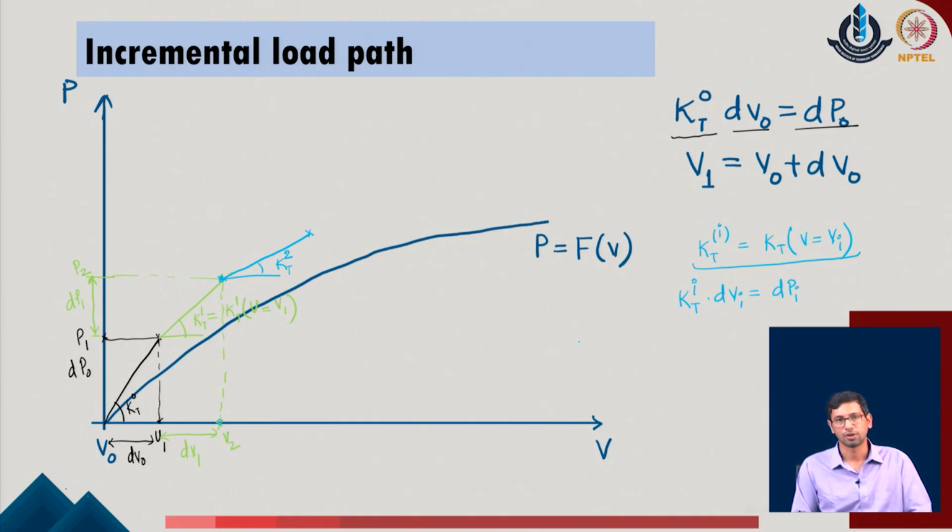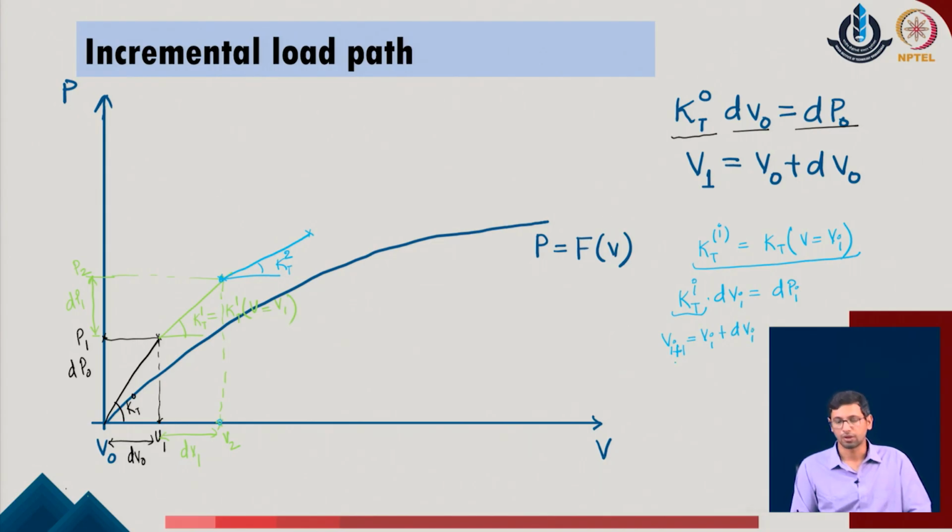So, with respect to the ith increment in the load, we will be getting the ith increment in the displacement with respect to the ith tangent stiffness, and this will be updating the displacement field, which we write as V of i plus 1. So, the next displacement value will be obtained as V of i plus 1 equals V of i plus dVi.